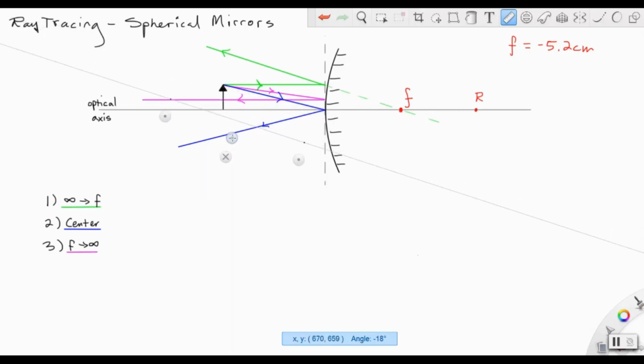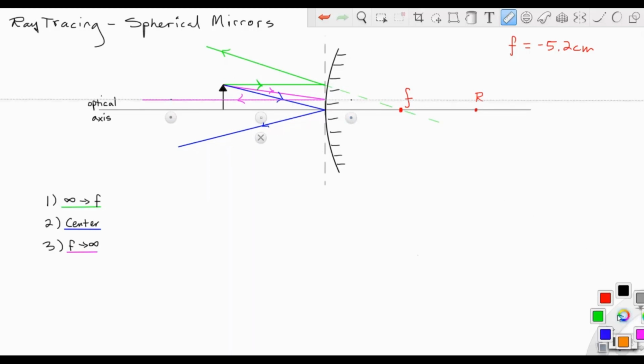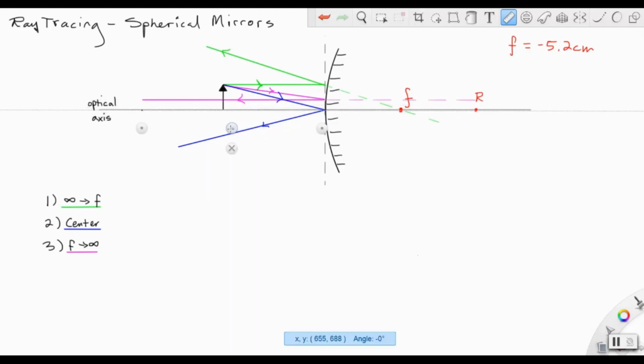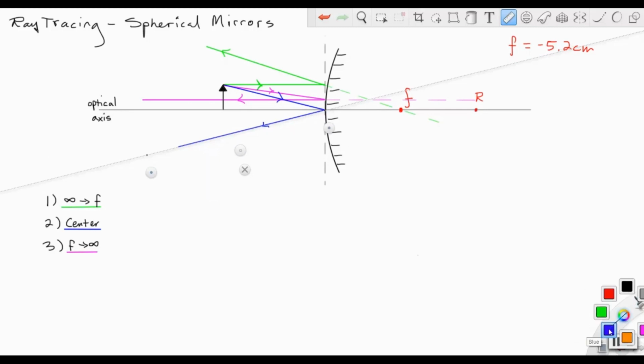We can also trace back our purple to figure out where that appears to be coming from, which is this direction. And we can trace back our blue to figure out where that appears to be coming from. And that one traces back like so. Notice that these all meet at a single point, roughly. It's right there. So this is actually going to be the location of the image.